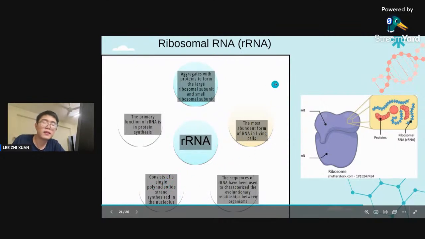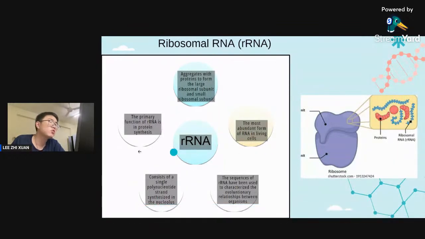After it is synthesized in the nucleus, it combines with protein molecules to form the ribosome structure. So the primary function is in protein synthesis, because the ribosome is a unit that plays an important role in protein synthesis, right?